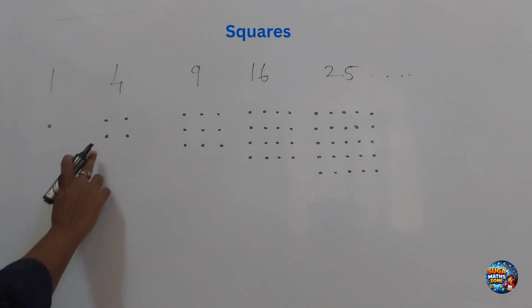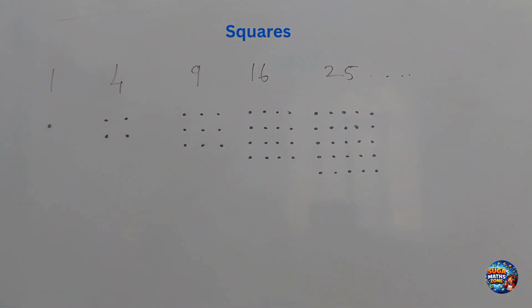This is the square. Square means the four sides have equal size.